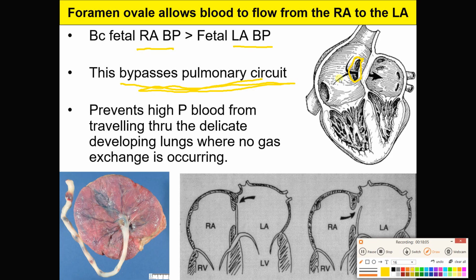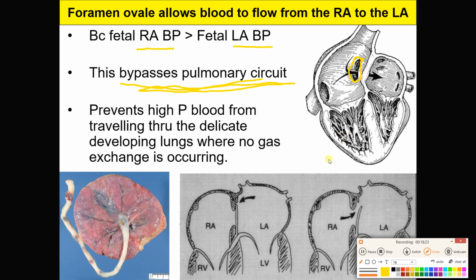So most of the blood that comes into the right atrium, not 100% of it, but most of it, goes through the foramen ovale, thereby skipping the right ventricle and skipping the pulmonary circuit, in other words, skipping the lungs.